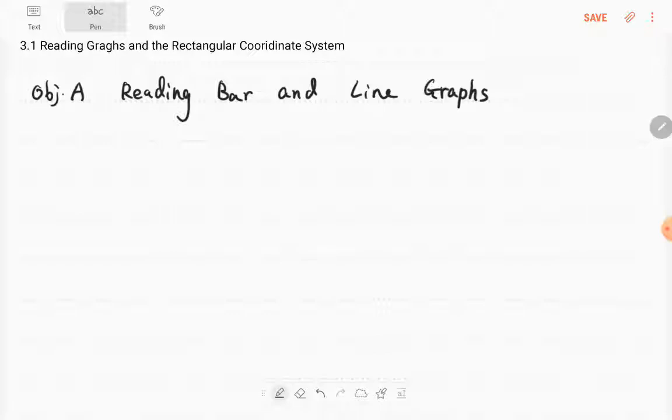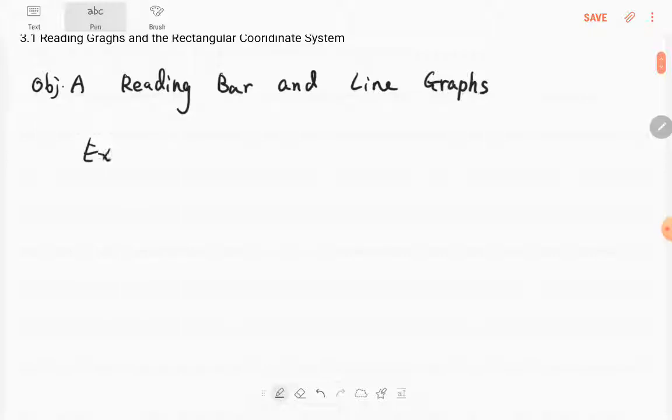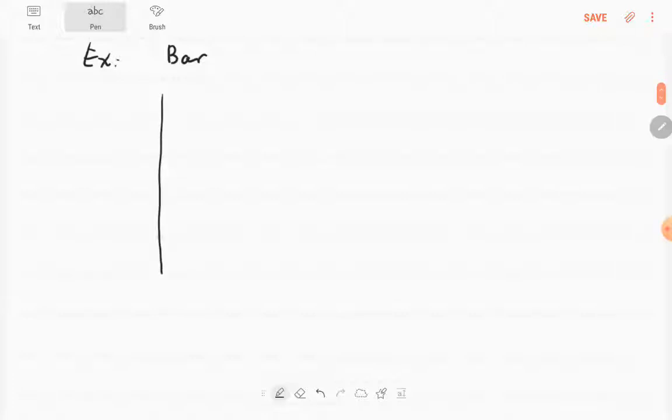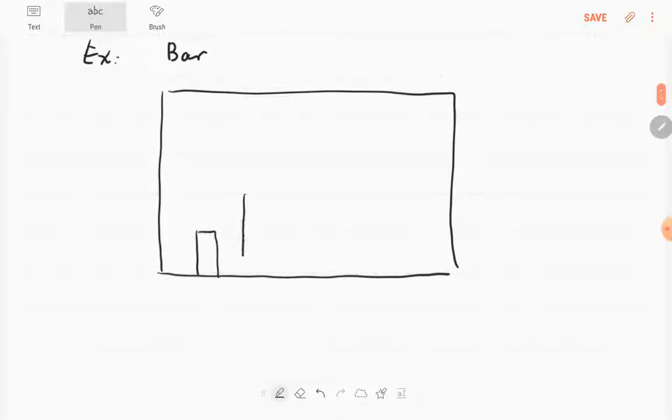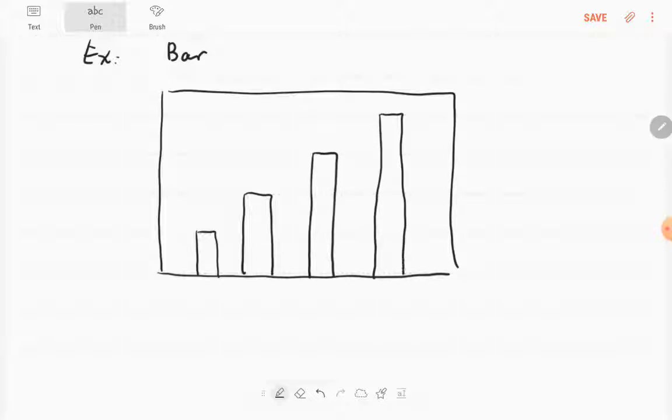So let me just show you an example of the bar graph. Let's see. If we have this kind of bar graph, we have 4 separate bars.